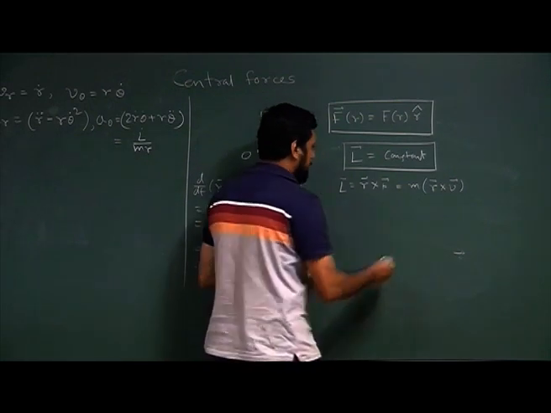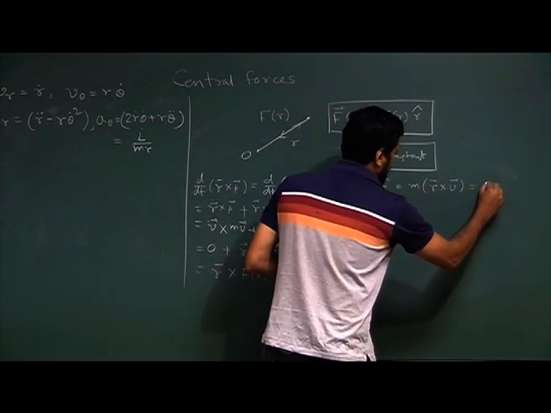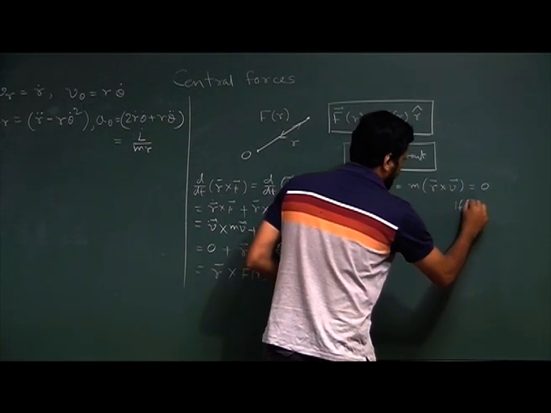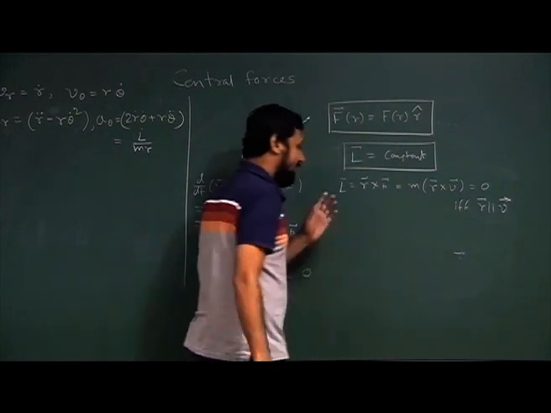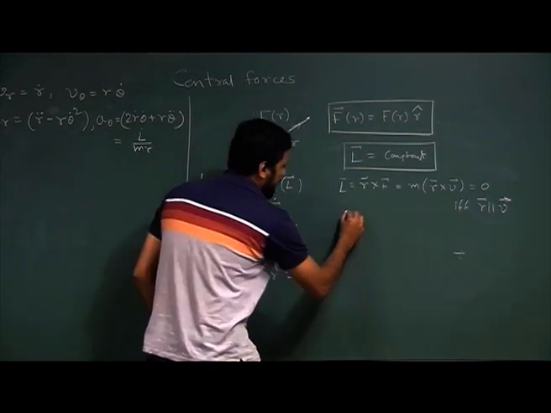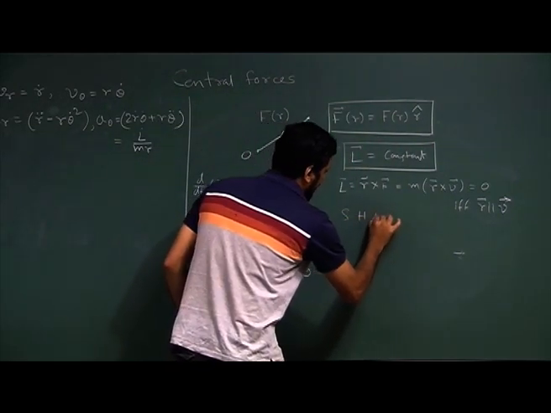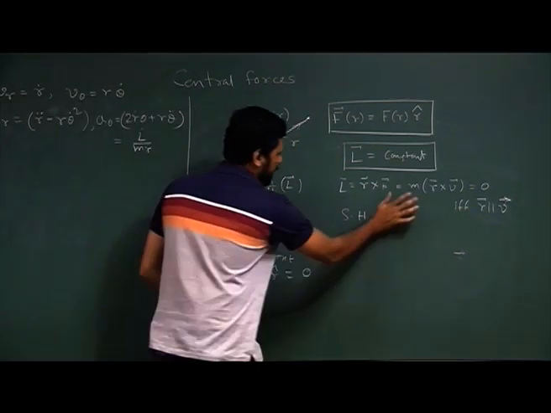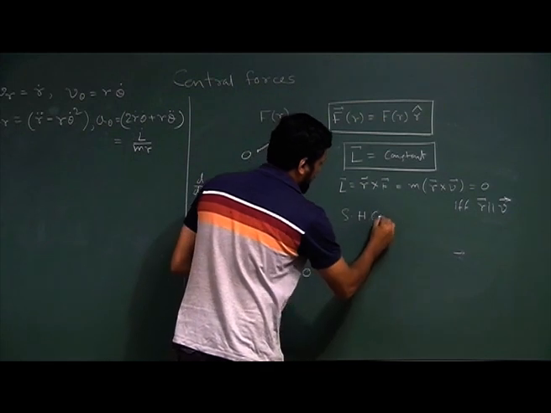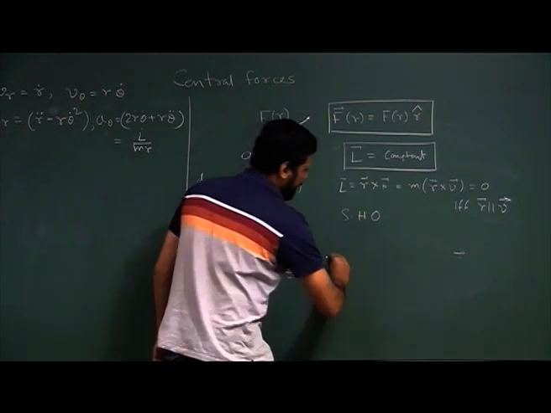We will have L equal to 0 if and only if r is parallel to v. Now, that happens when we have simple harmonic motion or simple harmonic oscillation, if you want to call it. What happens in a simple harmonic oscillation in 1D?